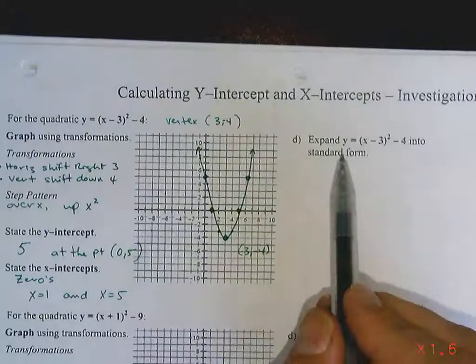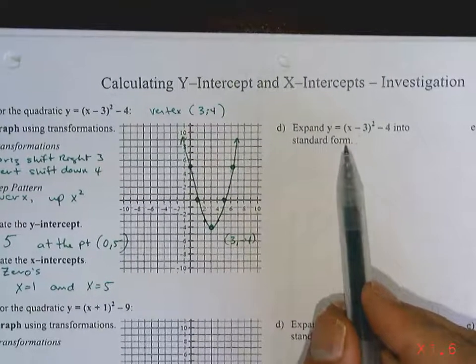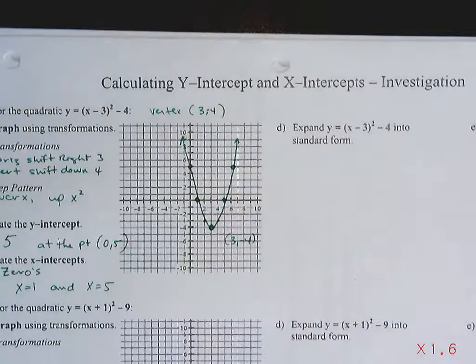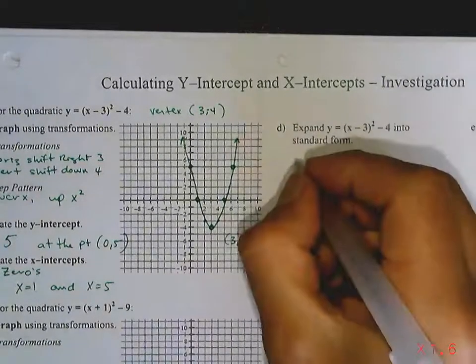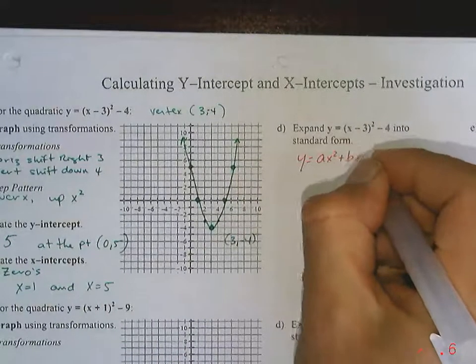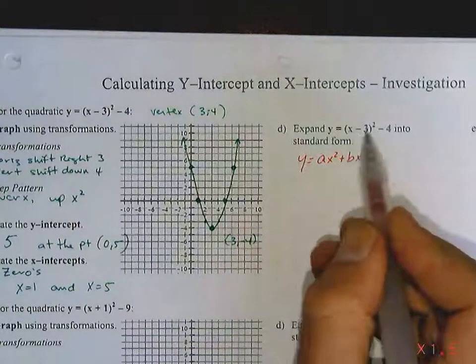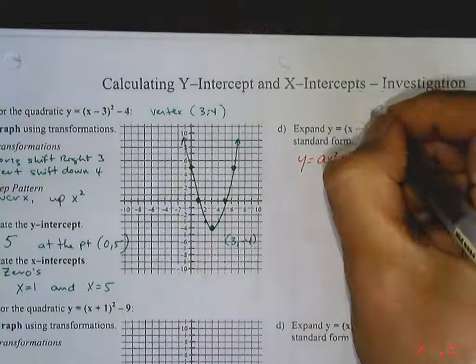So, look what we have over here. We have the same equation, but it's asking us to expand it into standard form. Now, a couple of days ago, we talked about what standard form was. This is standard form. That is standard form. This form that we have up here is called vertex form.